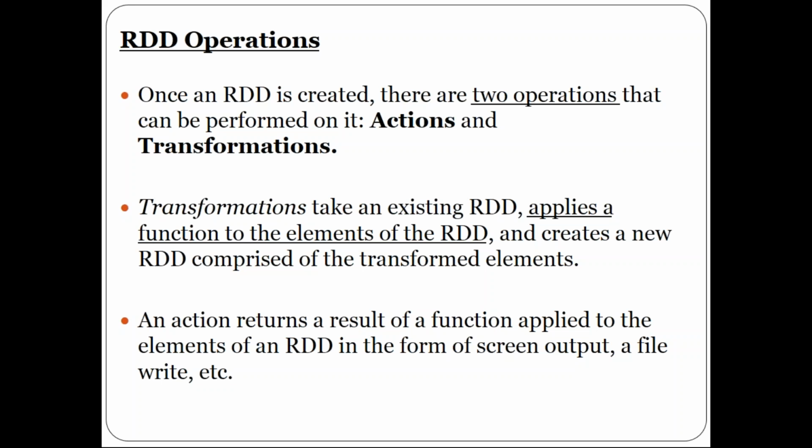Now, once the transformation is applied, a new RDD is comprised of the transformed elements, but not the results. You have 3, you applied the transformation, 3 became 2, but the 2 is not a result yet. 3 is just a transformation. Until and unless you give an action, that will still be in-memory transformed data.